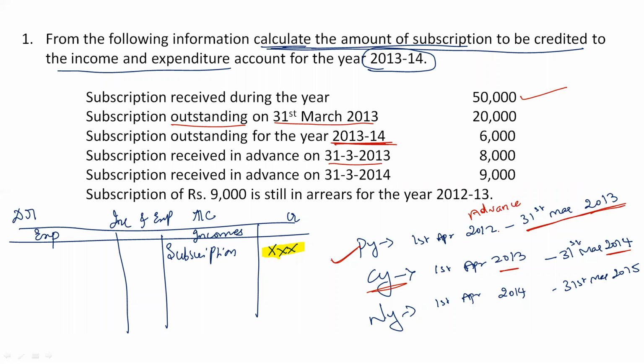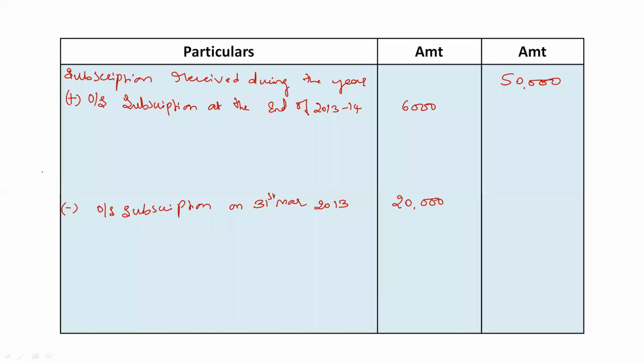Then it means it is related to the next year of previous year, so it is related to current year, right? In 2013, if it is advance, it should be related to the next year, which is current year. So we will add this amount 8,000 rupees in our subscription received during the year as advance subscription in 2013. So that is rupees 8,000.